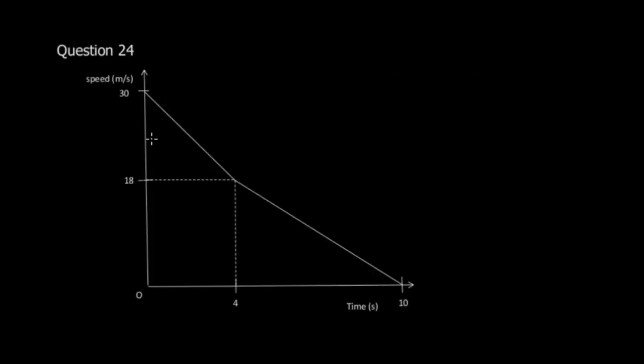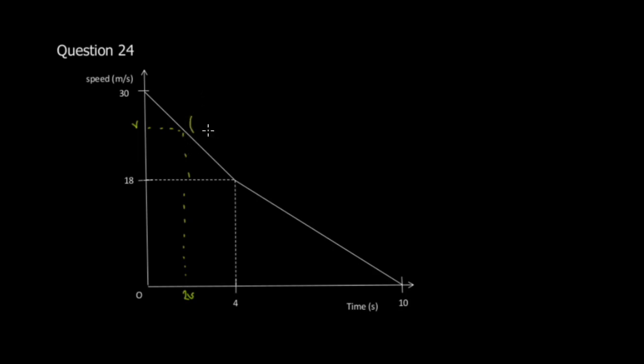So we want the speed corresponding to 2 here. We want this, in other words. This is what we want. We want v here. So what you have to know is this one is a straight line, and a straight line means the gradient is always constant.